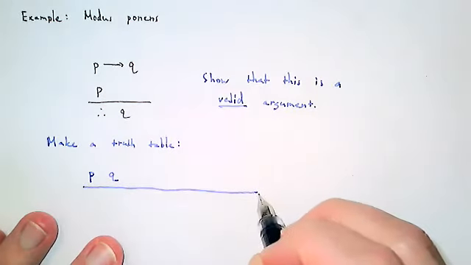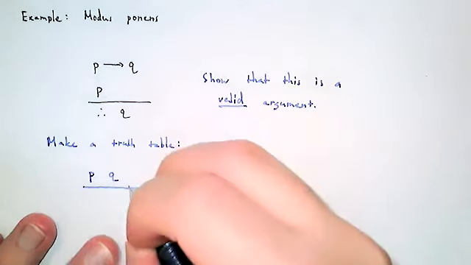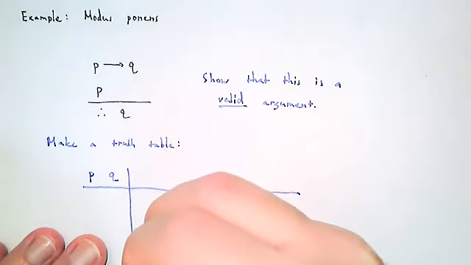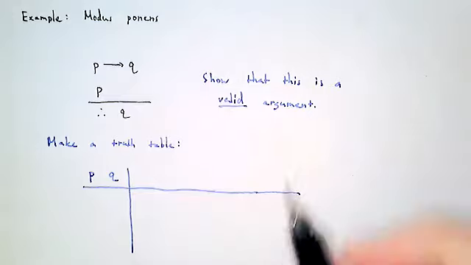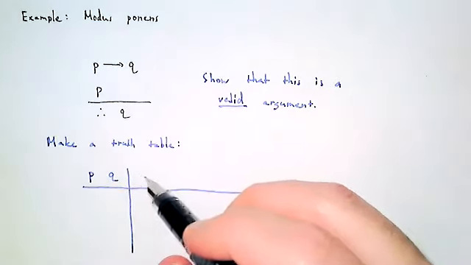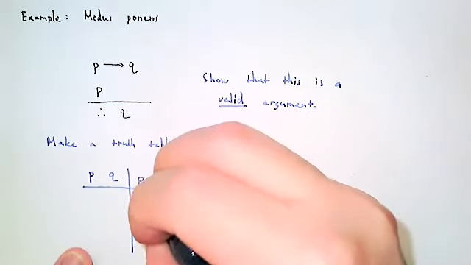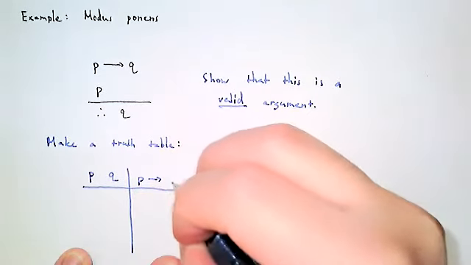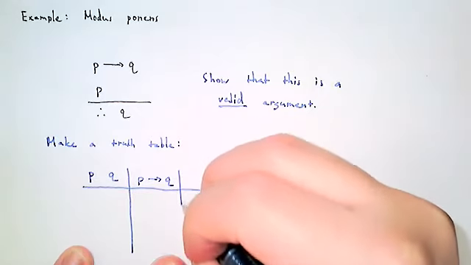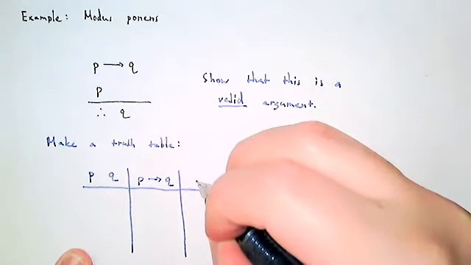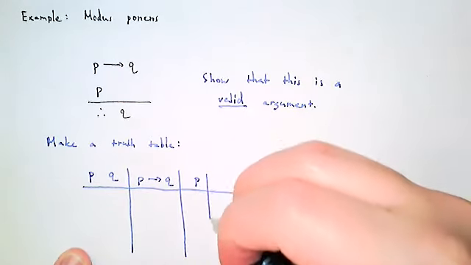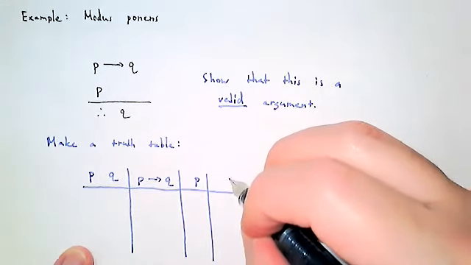And then we're eventually going to add rows for each of the possible truth values. And what we need next are columns for the two hypotheses, and then another column for the conclusion.